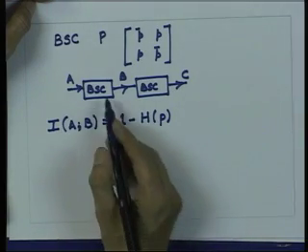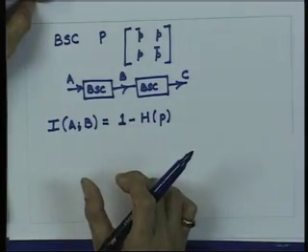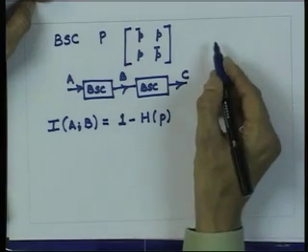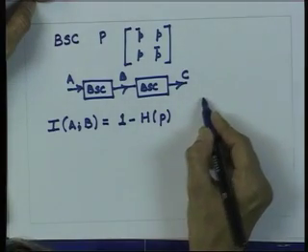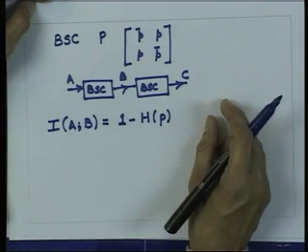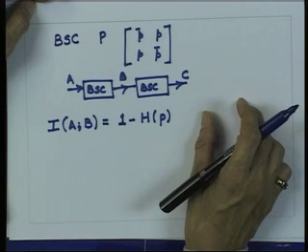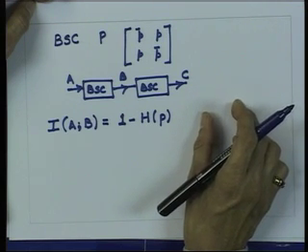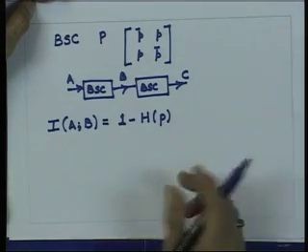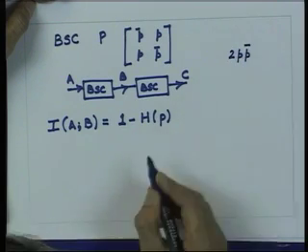Now, if we cascade the two channels, then the equivalent channel matrix between A and C can be obtained, and it is not difficult to show that the cascade of these two binary symmetric channels is equivalent to a single binary symmetric channel with probability of error as 2 p p bar.